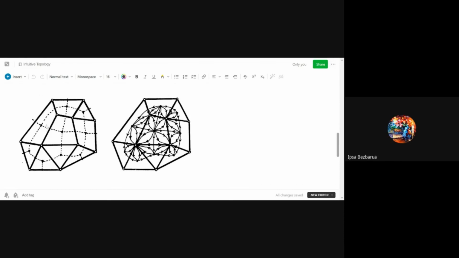Okay, where they're going, we'll get to that. And for each vertex of the polyhedron, the vectors are all coming into the vertex. And by the previous construction, if I have a curve going from the center of one face to the center of the other face, then the vector will be directed towards the midpoint of the edge.